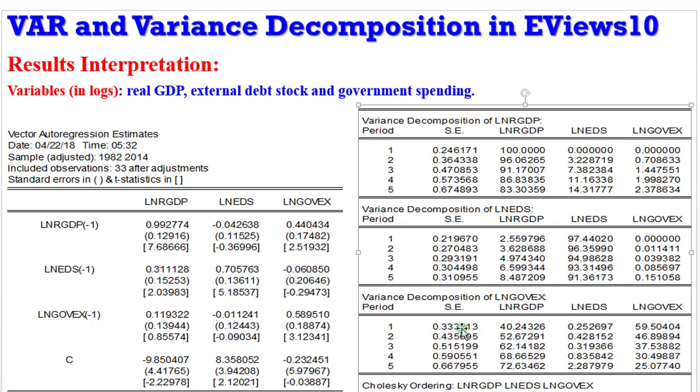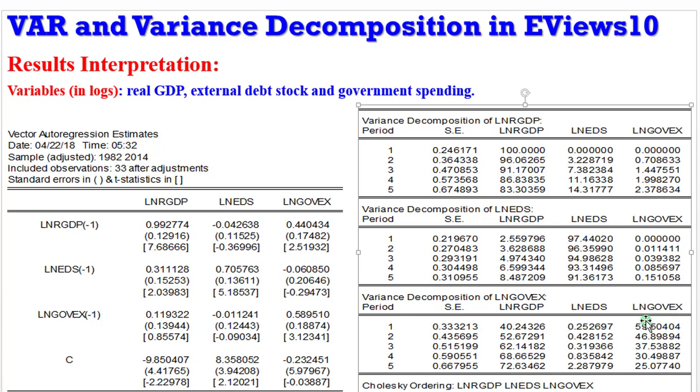Lastly, on government spending, we can see that right from the short-term period into the future, government spending does not strongly predict itself. A very strong predictor of government spending we can see is real GDP, accounting for 40.24% forecast error variance in government spending, even in the short run. And by the time we move gradually into the long run, real GDP is accounting for almost 73% forecast error variance in government spending.